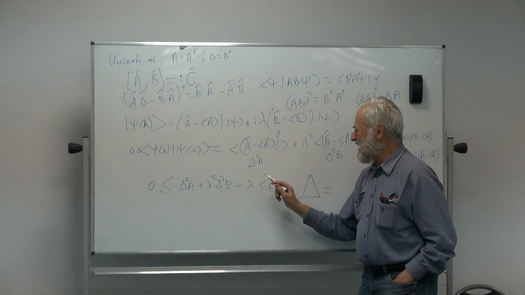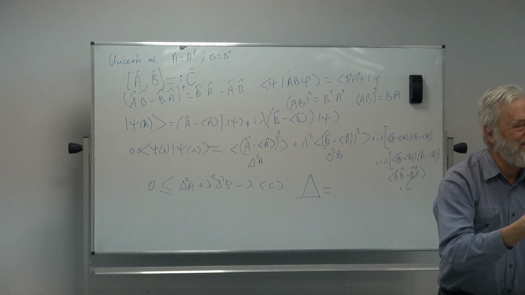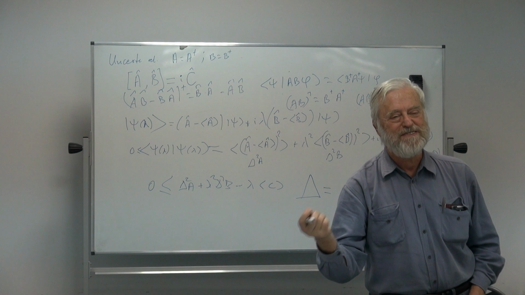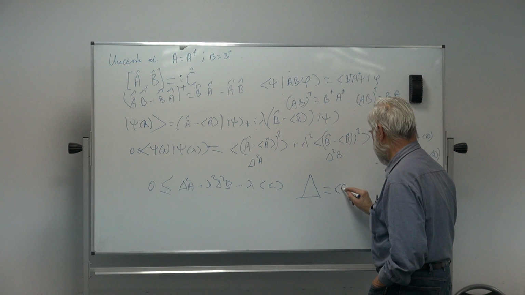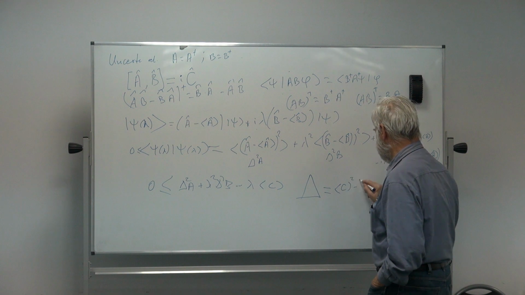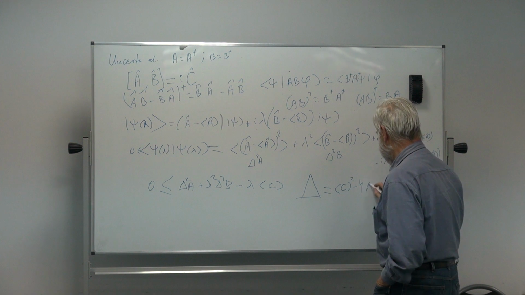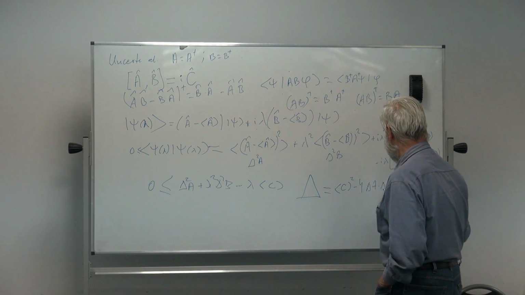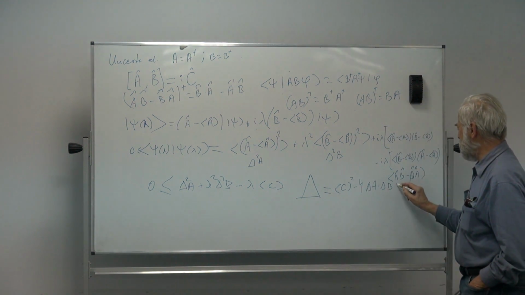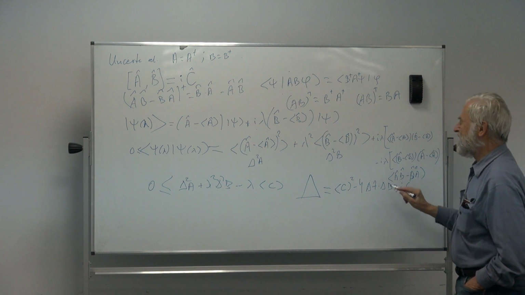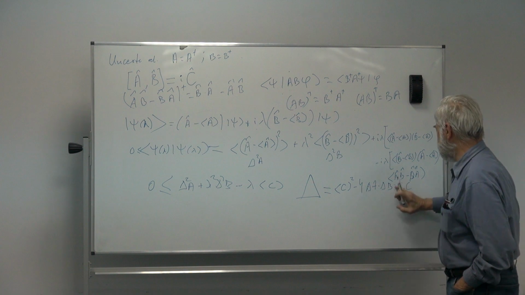And you know, this is so-called B square, as they say, minus 4 times A times C, yes? It's a polynomial. Kind of. It's a C square minus 4, this delta A times delta B. Now, this is supposed to be smaller than 0, yes.